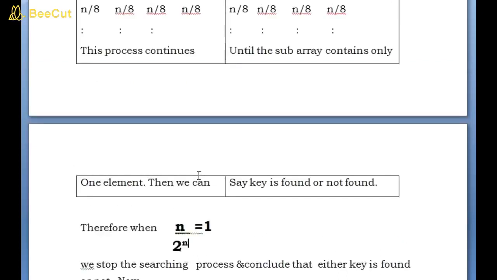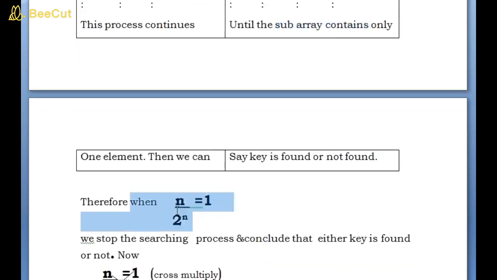This process continues until each subarray or subpart contains only one element. That's why n by 2 power n equals 1. The meaning is that we keep on dividing the array elements until each part contains only one value.